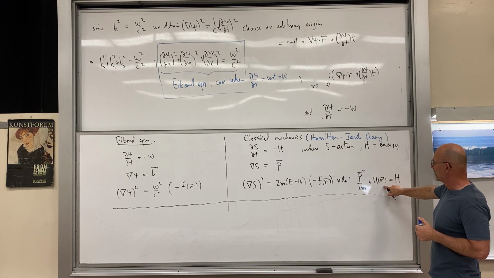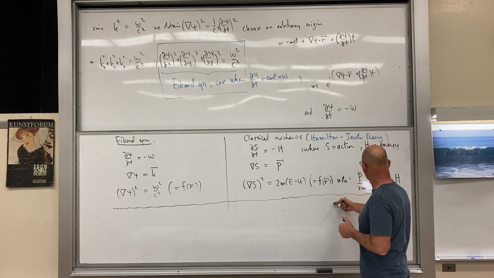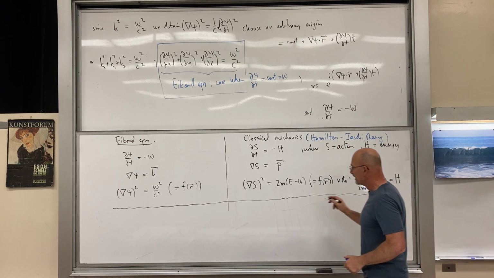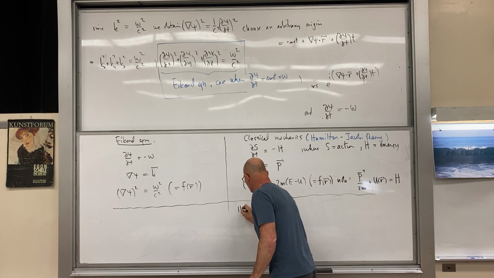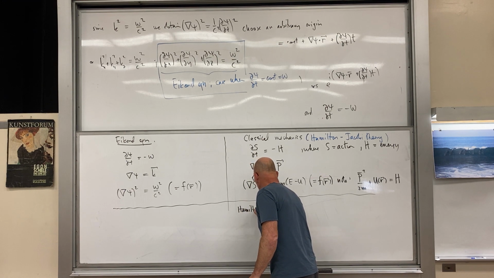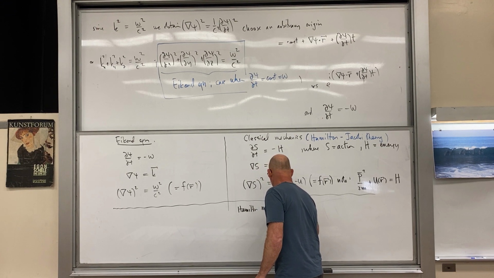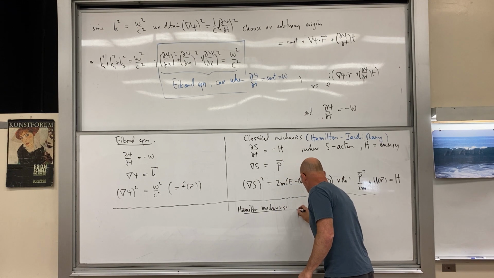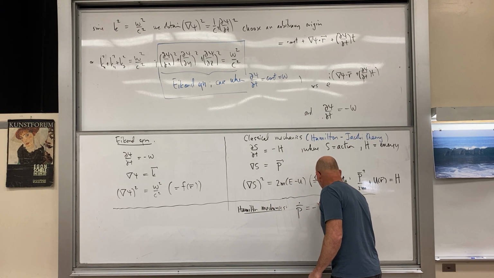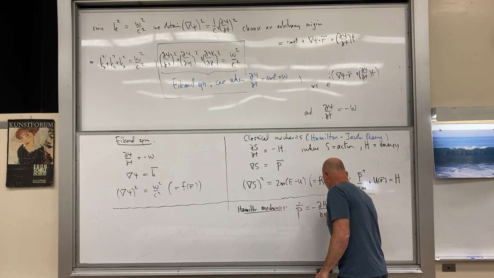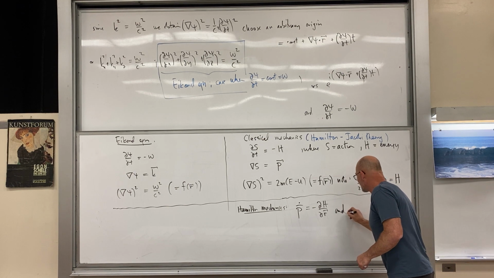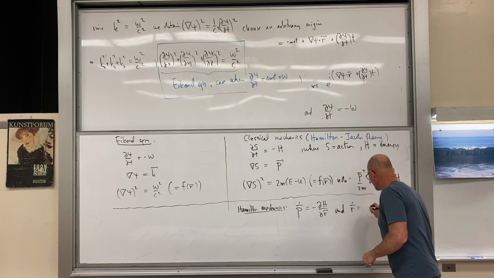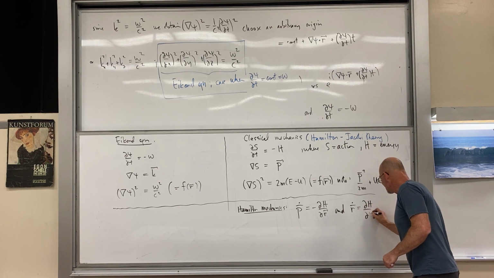So over here, if we go down into Hamiltonian mechanics, because this is the Hamiltonian, we know that we have P dot is minus ∂H/∂r, and r dot is equal to ∂H/∂P.